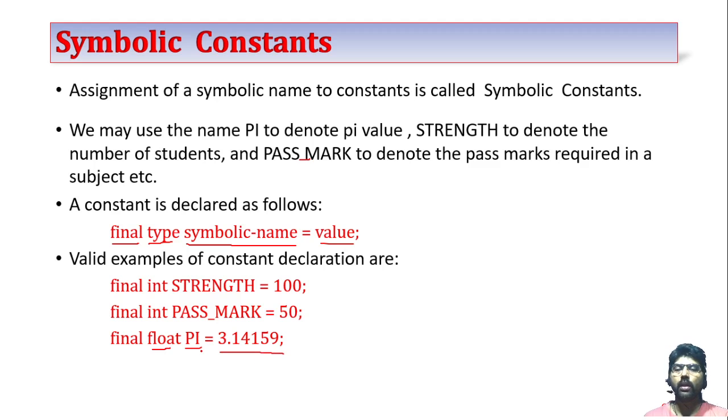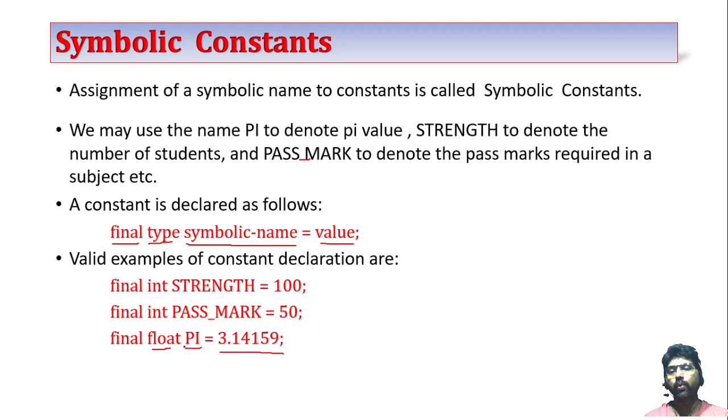So if I use this pi value 100 times in my program, I change it at only one place, where it is declared. Instead of changing it in every place, I just change it where the pi value is declared.